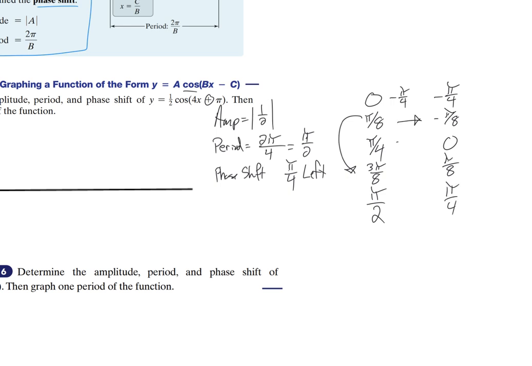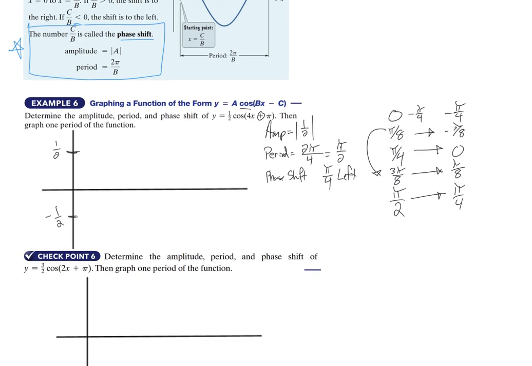So that's what all of these new places, these new key points become. So I've got negative pi fourths, negative pi eighths, 0, pi eighths, and pi fourths. Those are my values.